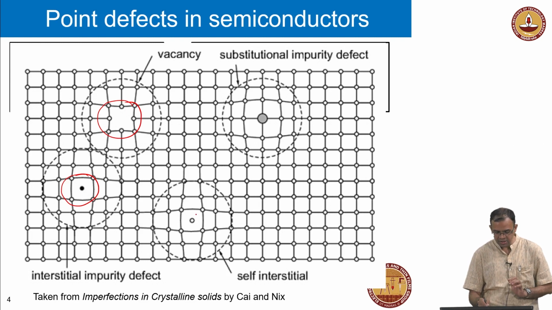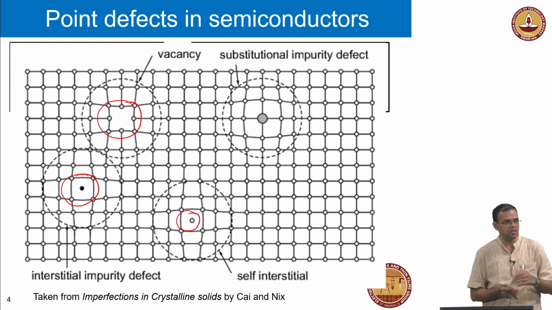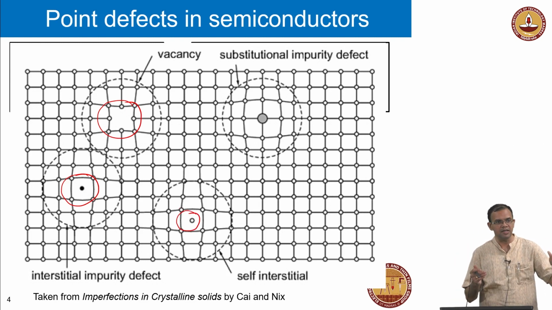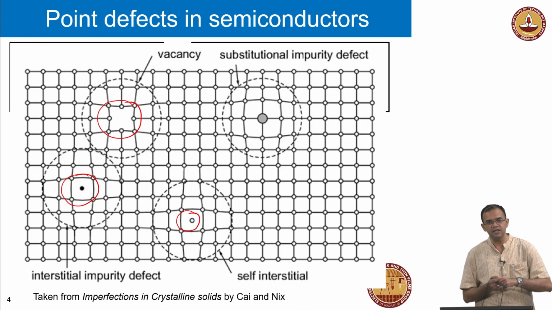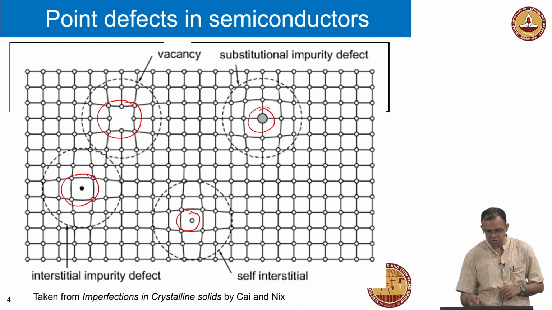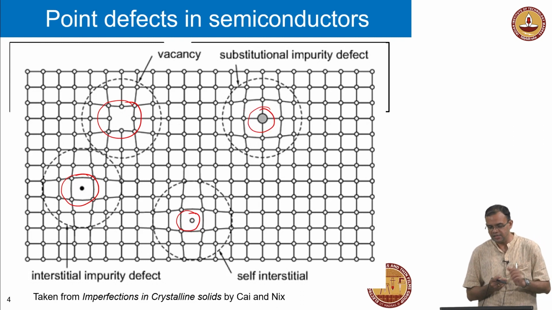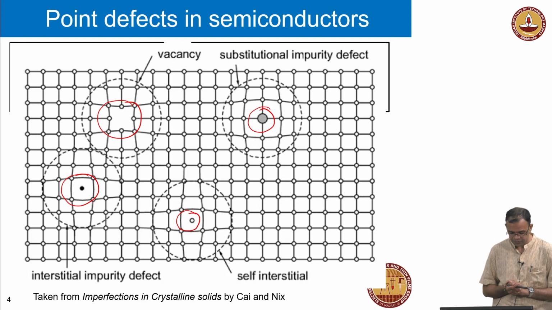I can have an interstitial of the same type, so that is called a self interstitial. So think about, you have a silicon lattice and I have a silicon interstitial, so that is a self interstitial. And I can also have a substitutional impurity. So you can think of doping as an example of a substitutional impurity defect. There can be other examples as well. So normally we have vacancies or interstitials to be the two broad categories.